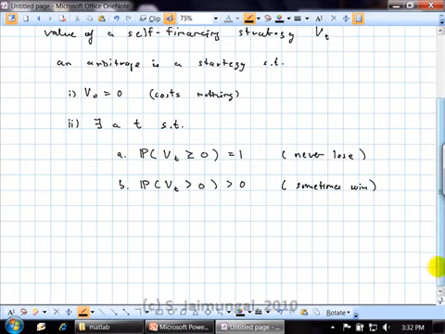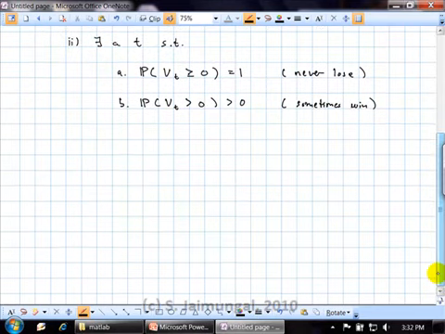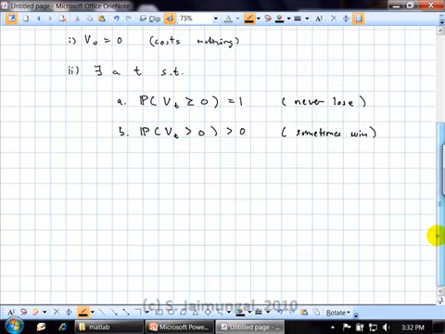Okay, so let's draw a couple of things and ask ourselves whether they are arbitrages or not. Here's the question. Suppose I built a strategy, somehow, I'm not telling you how, in some economy, and that strategy happened to look like this. Its initial value is 0.